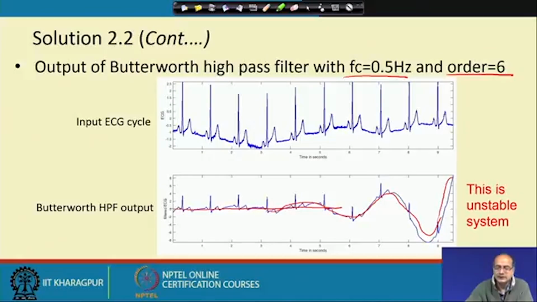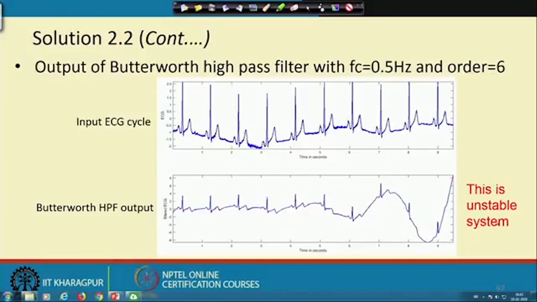So, at the beginning we do not notice the growth of the signal, but slowly as time passes it grows to the extent that it becomes visible, and then the output becomes exponentially high and we lose the signal completely. Okay. So, we have got an unstable filter with model order 6 and cutoff frequency 0.5.